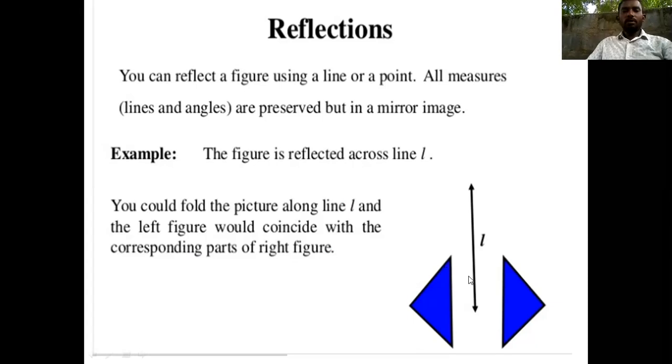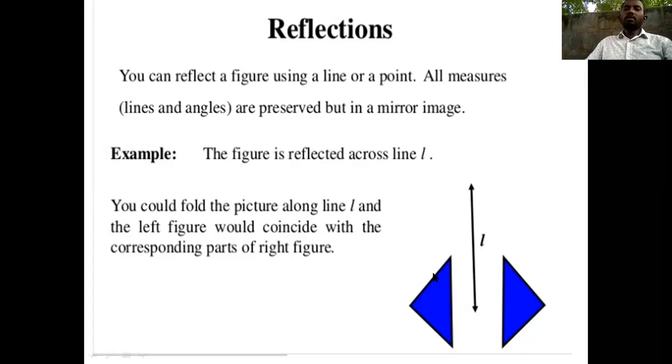This is reflection. You can fold these pictures along line L1, and the left figure coincides with the corresponding part of the right figure. These are the best examples of reflection.